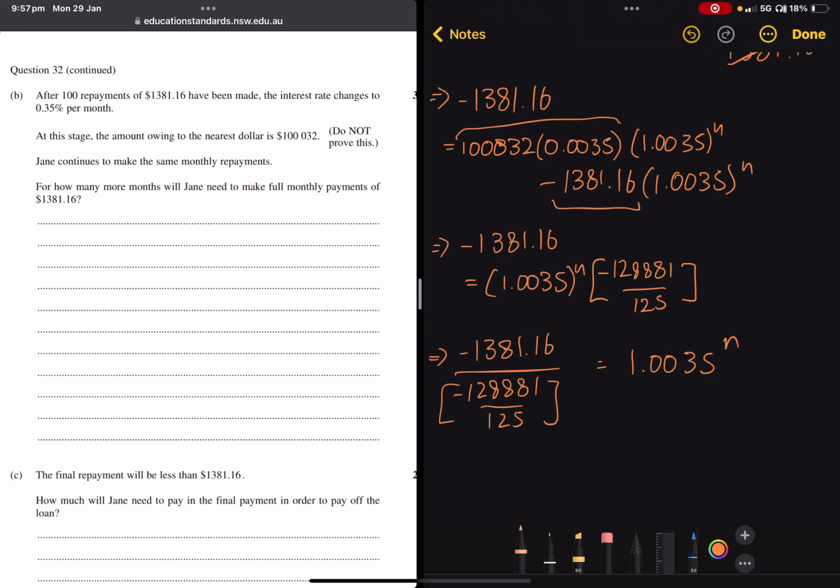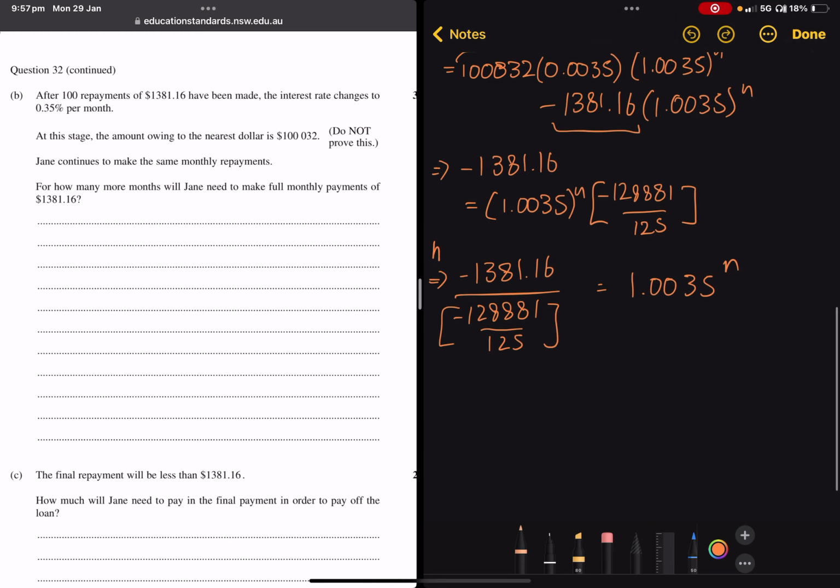Now this is a stupidly complicated expression. At this point it would be entirely sensible to decimal approximate this, but we don't have to. We can now apply logarithms to both sides, so we can take the natural log of this side, pull the n down the front, divide both sides by ln of 1.0035, and approximate this for n using the calculator directly without having to do any numerical simplifications. So we have a ratio of logs.